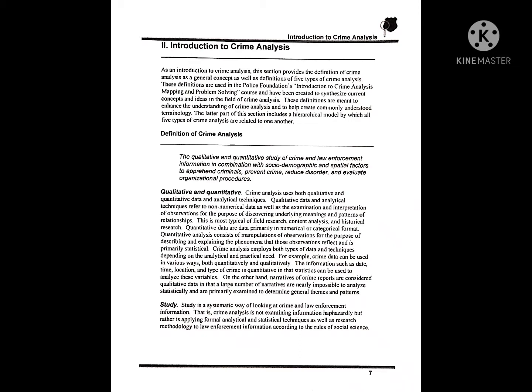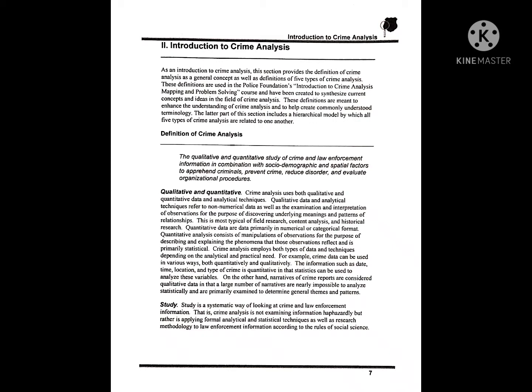Okay? Next is qualitative and quantitative. So, qualitative data and analytical techniques refer to non-numerical data as well as the examination and interpretation of observations for the purpose of discovering underlying meanings and patterns of relationship.